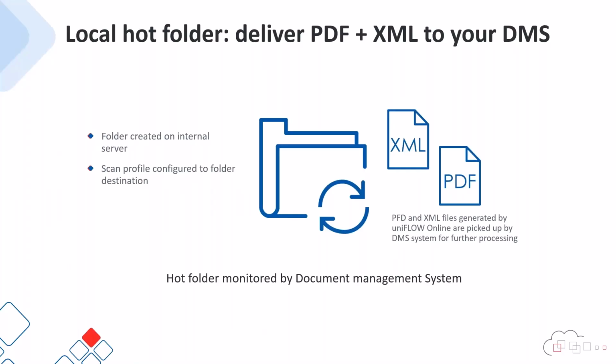The document management system monitors this hot folder and imports the files, applying its own rules, which have been set up by the administrator, to populate the fields from the XML metadata. Now, this ensures accurate document handling without manual steps, even when no native connector exists between Uniflow Online and the document management system. So with that, now let's see the full workflow in action.